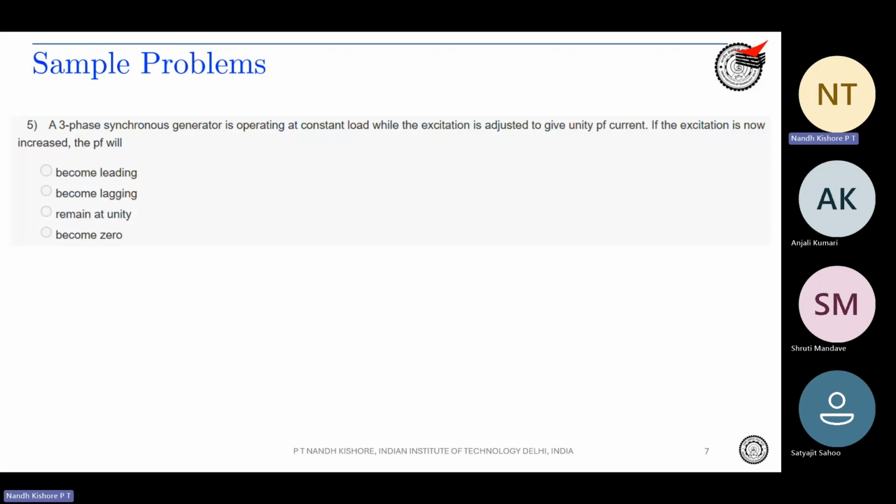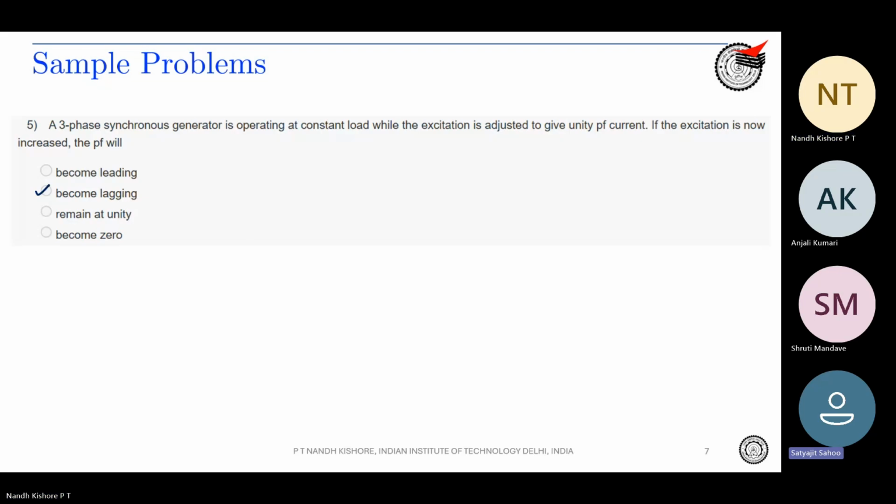Sir, this can be lagging, because at unity power factor, generally we only get the real power. If we increase the excitation, then it will start to give reactive power as well.